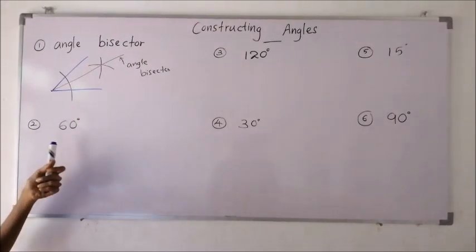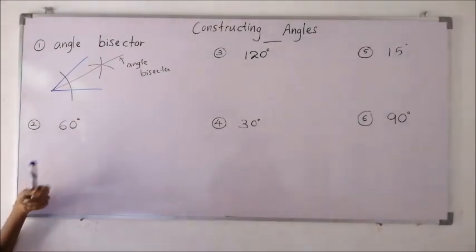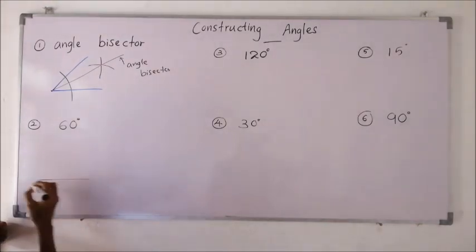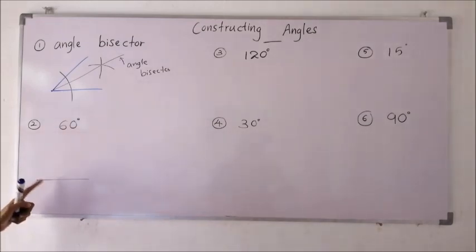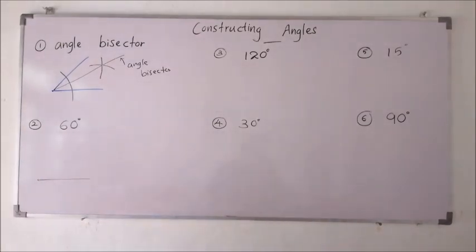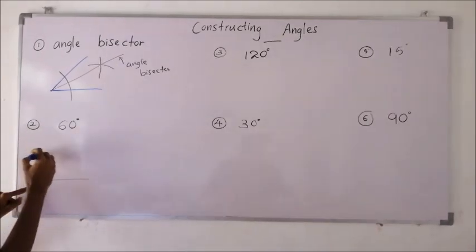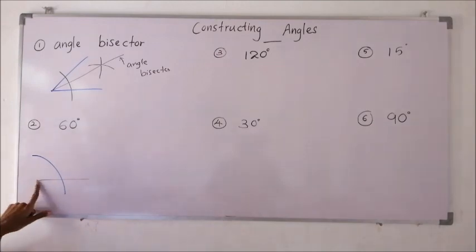Firstly, we will learn how to construct a 60-degree angle. At this point, I need to construct 60 degrees. Get the compass, open it to any length that you want. Keeping the middle point here, draw an arc without changing the length that you took.